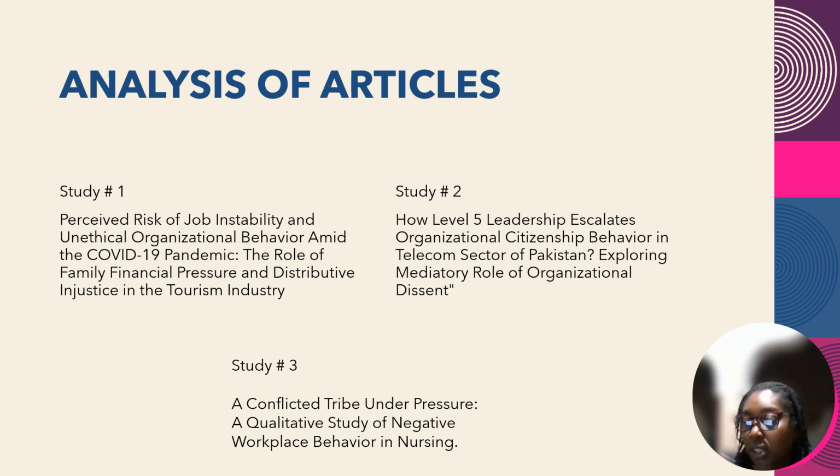This article highlights the mediating roles of family financial pressure and distributive injustice in this relationship. It was a quantitative study that used questionnaires among 830 employees from hotels and travel agencies, using structural equation modeling to do the analysis of data.